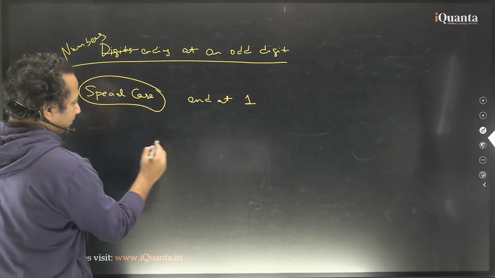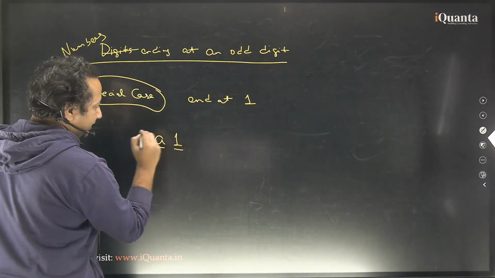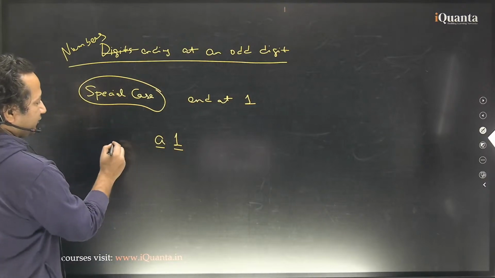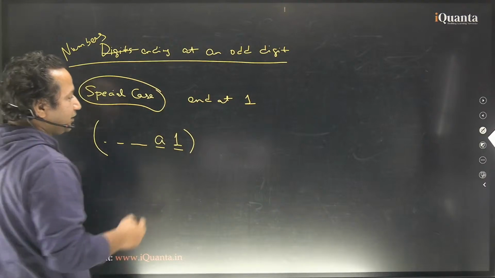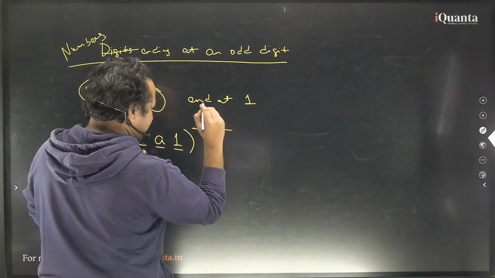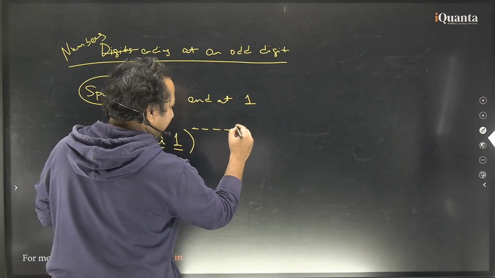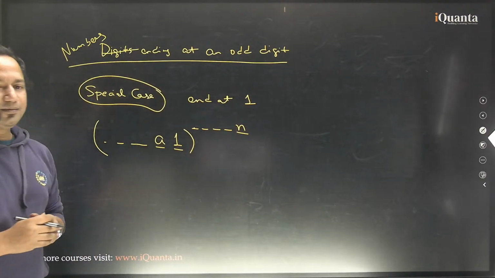So we have a number and the last two digits are a and 1. We have a huge number like this. All the digits are there and in the end we have a and 1, and we have a huge power, digit 1, digit 2, digit 3, and so on, and we have n in the end.